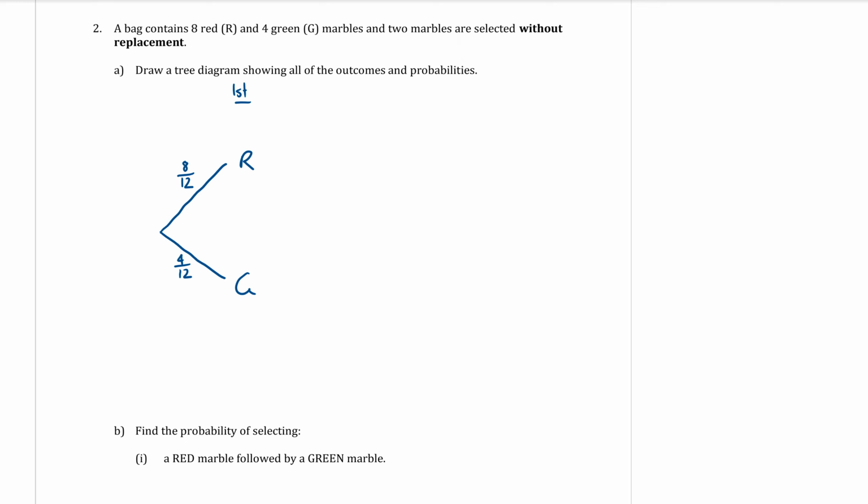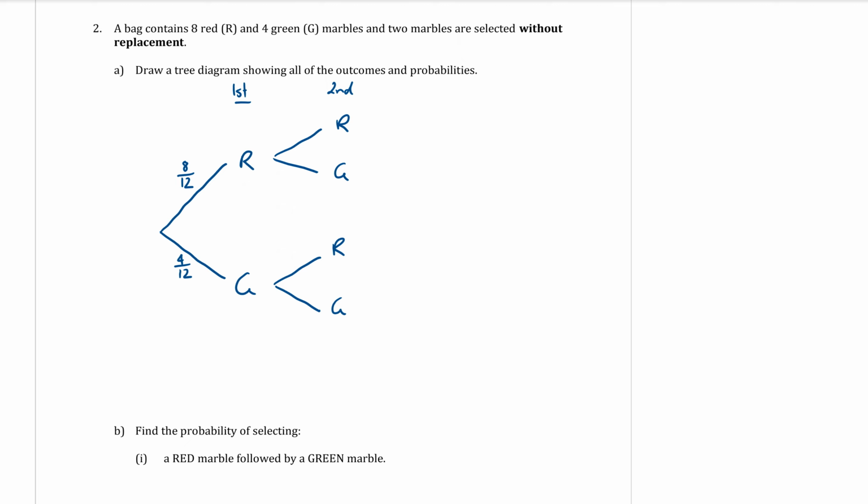Then I need to do a second choice. So second marble being selected from the bag. Again, I can either get red or green for each of my outcomes. I have to put that next to both of those branches there. The without replacement means if I have chosen a red marble, I'm going to do this branch first.